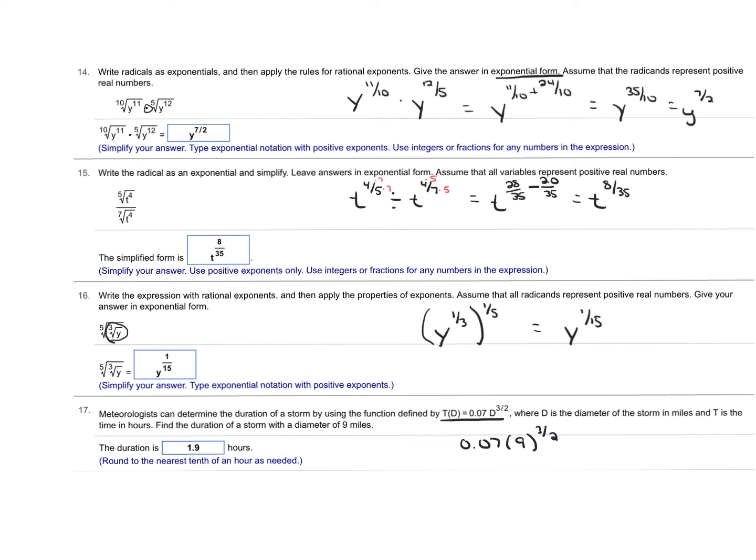So I just put 9 in for d. 9 to the 3/2 power is 9 cubed, and take the square root of that. So that would be 3 to the 3rd power.